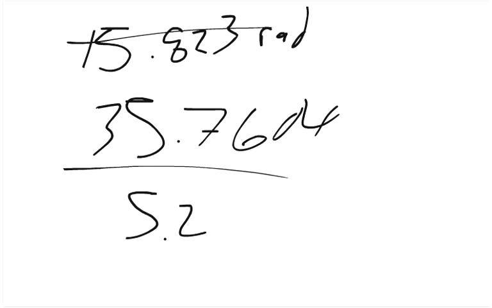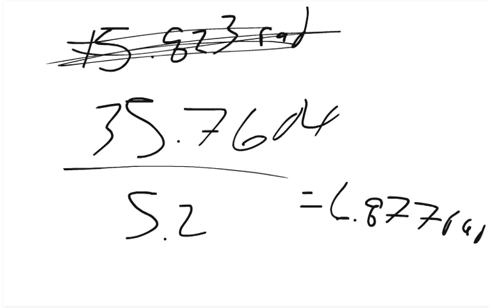So 35.7604 divided by 5.2 equals 6.877 radians.